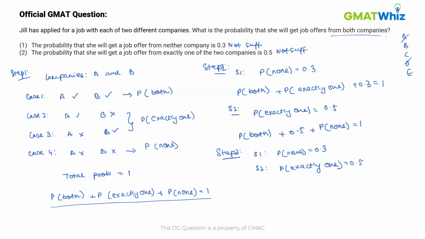Now, if we plug in these values in the equation, we get the probability that she gets an offer from both the companies plus 0.5 plus 0.3 equals 1. Now, it is possible to solve this equation and find the probability that she gets an offer from both the companies, and hence both the statements together are sufficient. So the correct answer is option C.